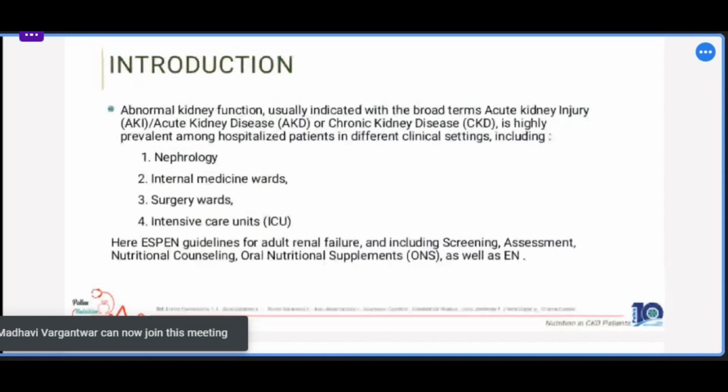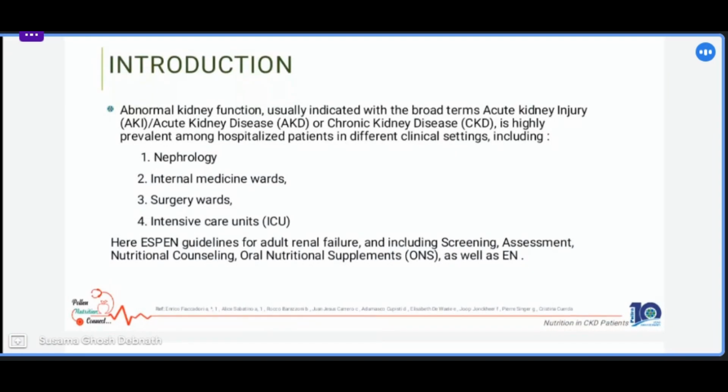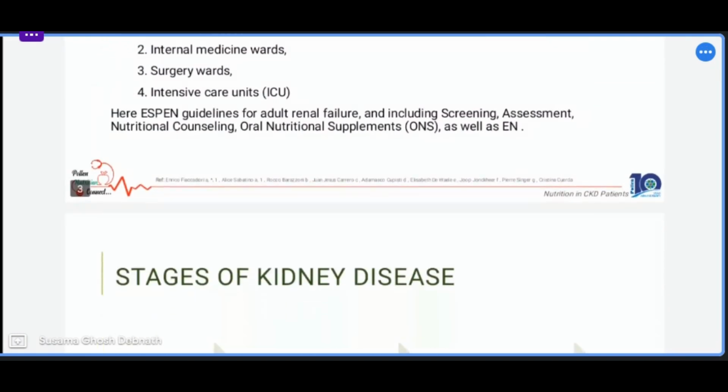Here, the ESPEN guideline for adult renal failure includes screening, assessment, nutritional counseling, and how we will arrange the oral nutrition support. All these things are covered in the guideline.